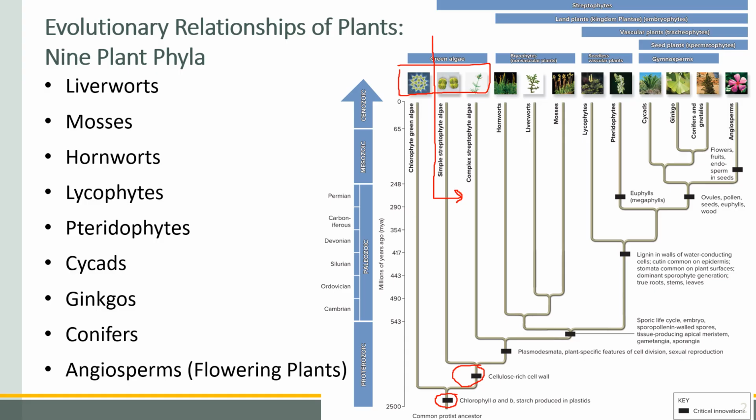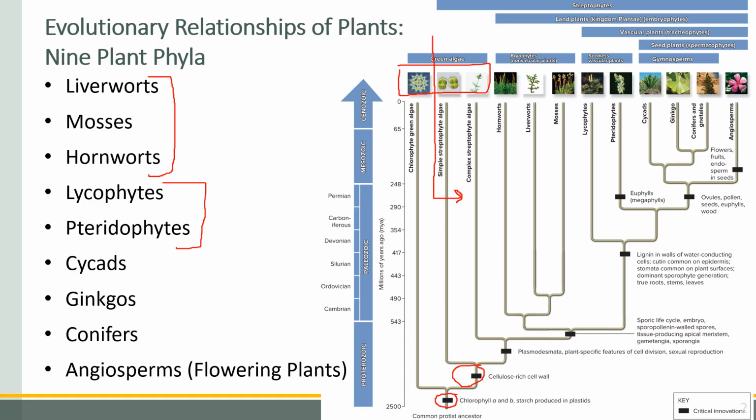Our land plants fall into 4 groups. These first 3 here, the liverworts, mosses, and hornworts, fall into the bryophyte or non-vascular plant groups. Next, we've got the lycophytes and pteridophytes.